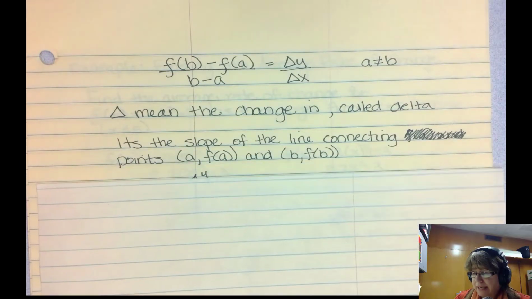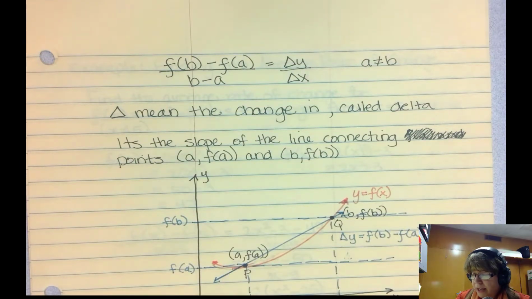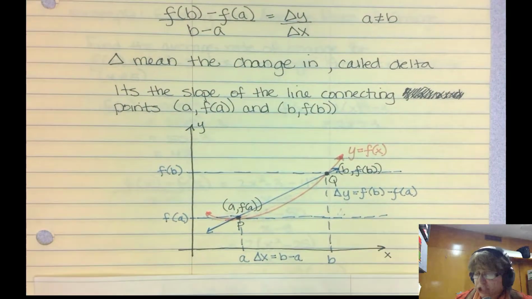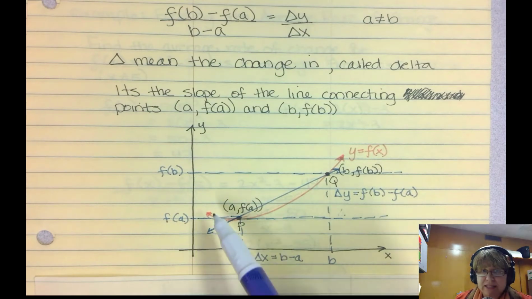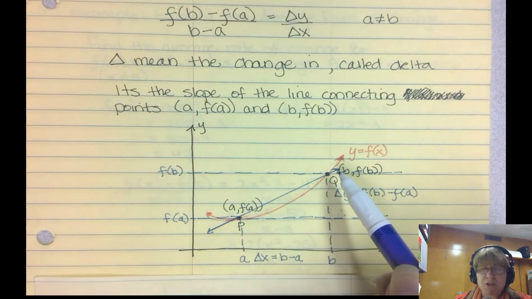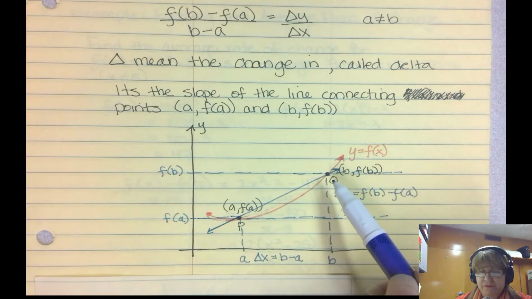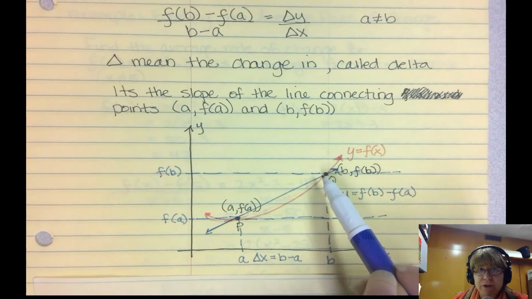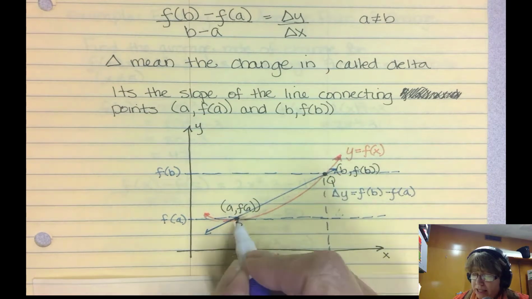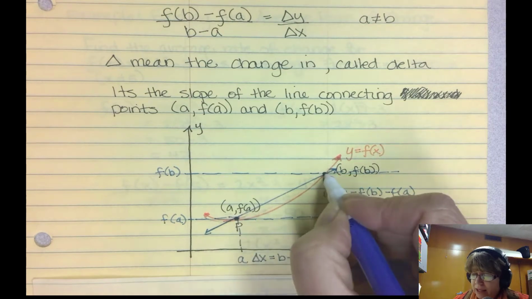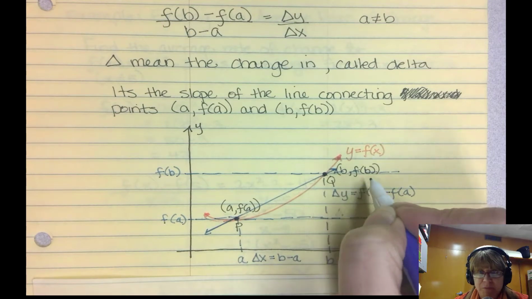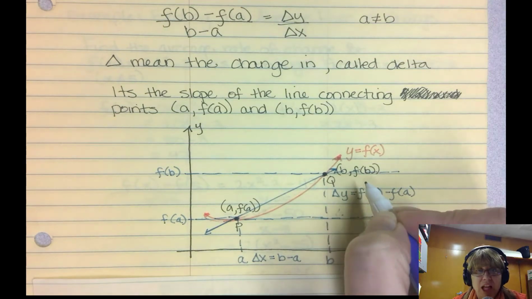All right, now let's take a look at a graph. Our function does not have to be a straight line. In fact, this is quite a curvy line, a curved function. And when we're talking about this average change, we're going to take this one point, a, f of a, and this other point on the function, b, f of b, and we're going to find the slope of that line.